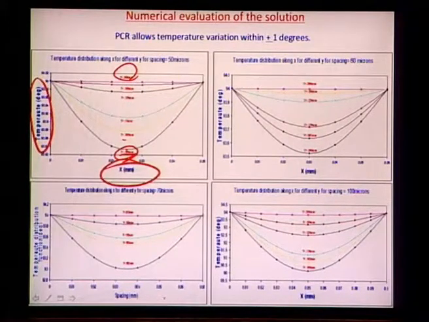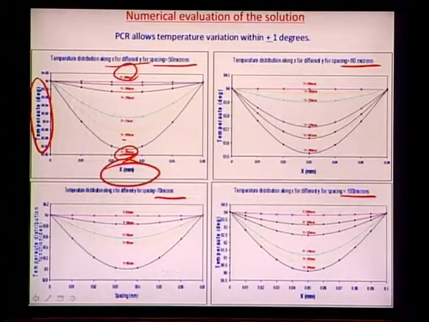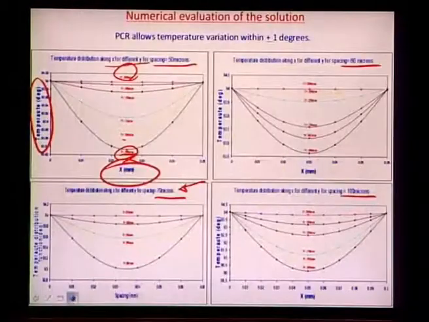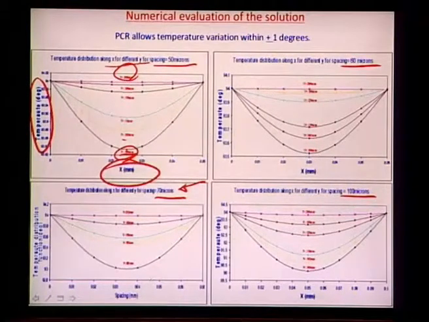Essentially what you do is, you find out the temperature distribution along x for different y's, for heater spacings of 50 microns, 60 microns, 70 microns and 100 microns, and then try to see what is the optimum spacing which would still be able to accommodate an RTD in the system, by giving some space for the RTD component to come in, and still be able to attain this plus minus 1 degrees.